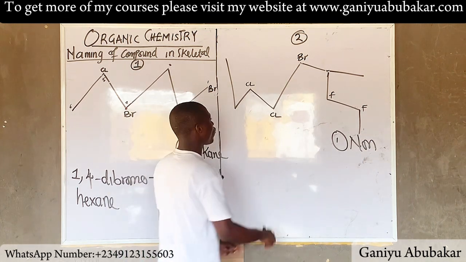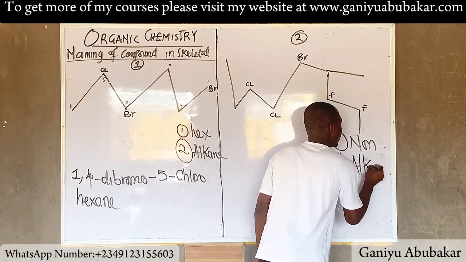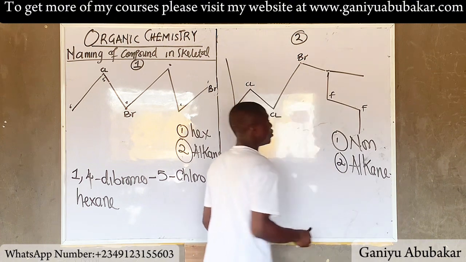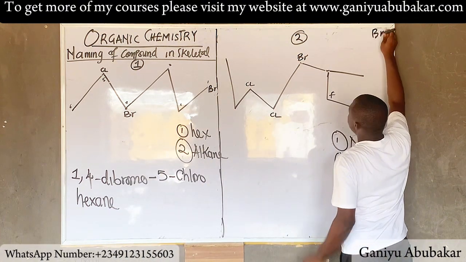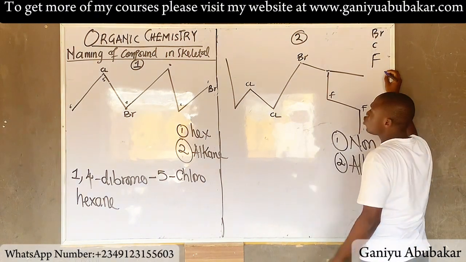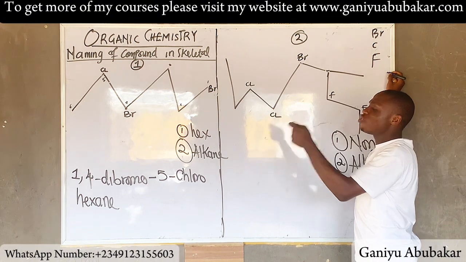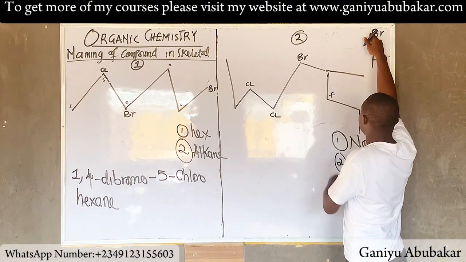Rule 2 says, of course, there's just a stroke. That's an alkane. What's rule 3? Do your numbering. In this case, I have bromine, chlorine, and fluorine. We must ensure that we give the least number to bromine first. I'm only seeing one bromine here.